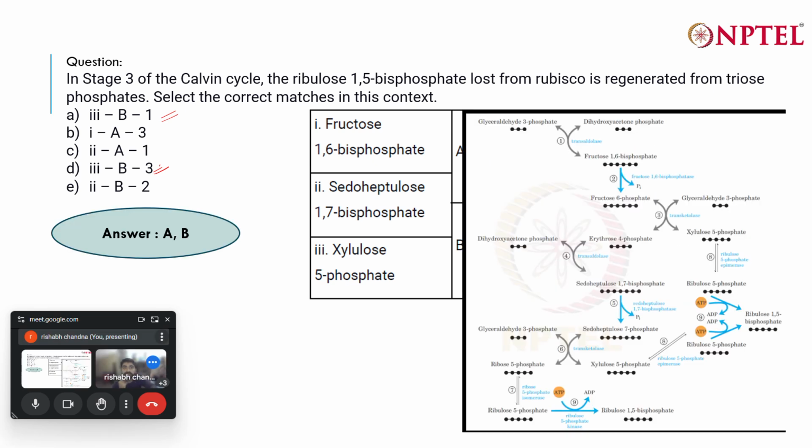First see the process, how it happens. One molecule of glyceraldehyde 3-phosphate and dihydroxyacetone phosphate combine, and in the presence of transaldolase it forms fructose 1,6 biphosphate. Then fructose 1,6 biphosphatase releases its 1-phosphate group and it forms fructose 6-phosphate. In the presence of glyceraldehyde 3-phosphate and the enzyme transketolase, it forms two molecules: erythrose 4-phosphate, a 4-carbon sugar, and xylulose 5-phosphate, a 5-carbon sugar.